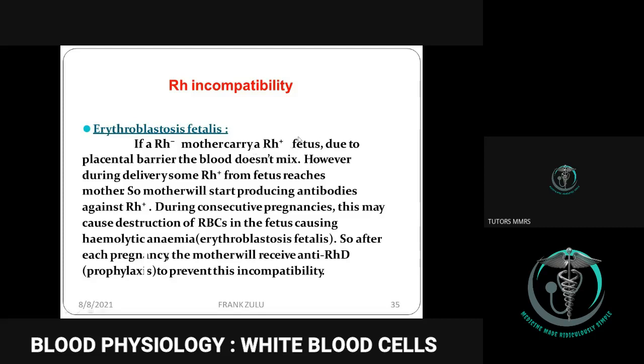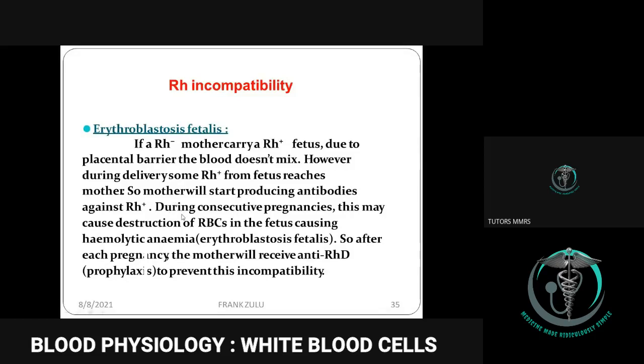the previous exposure. So in the second fetus, these antibodies present in the mother will penetrate the placental barrier. Remember, blood does not penetrate through the placental barrier, but antibodies are able to. So this mother was Rh negative, has now developed anti-D antibodies which are able to attack Rh positive blood.